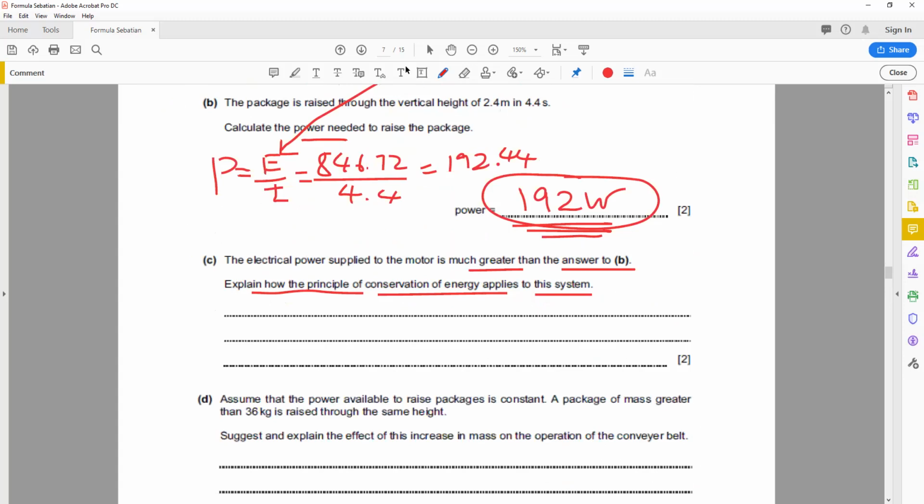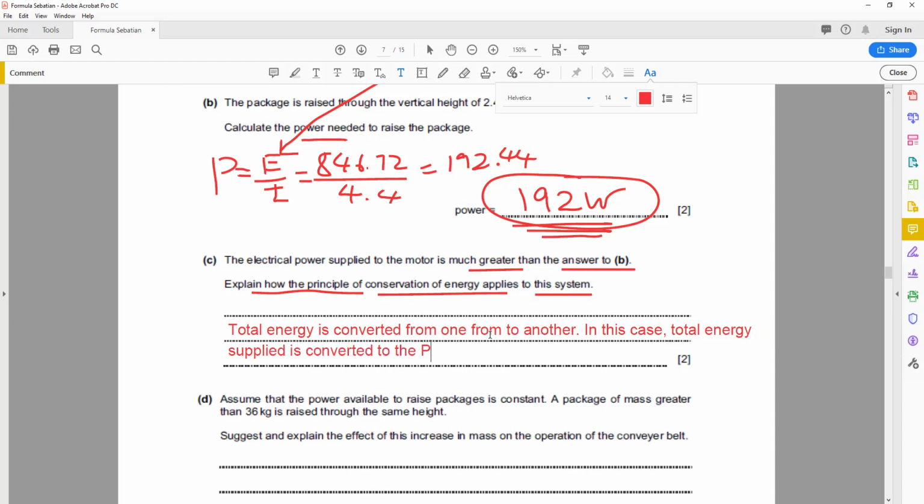If I were to structure it in a more standard way, it would be: energy is converted from one form to another.